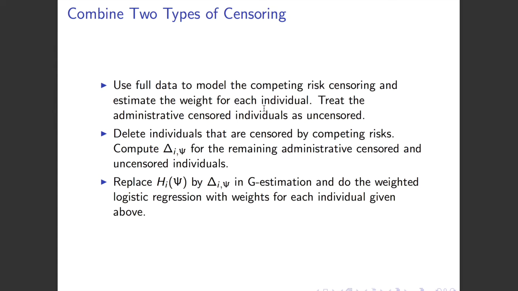So intuitively, we have dealt with our time-varying confounder by using this assumption of sequential randomization. And of course, that's just an assumption that can't be tested. But if you've measured enough covariates, then maybe it can be true.